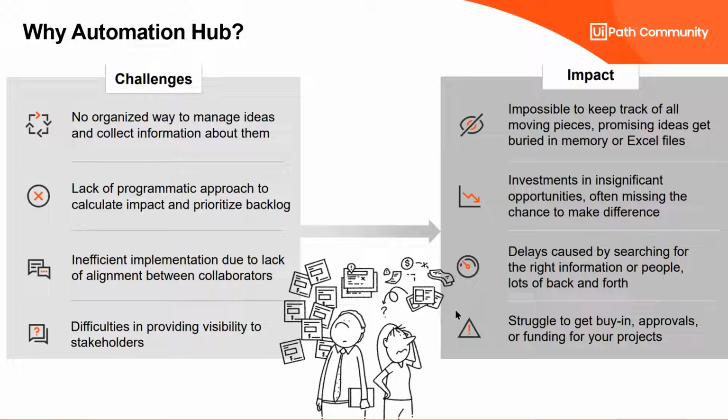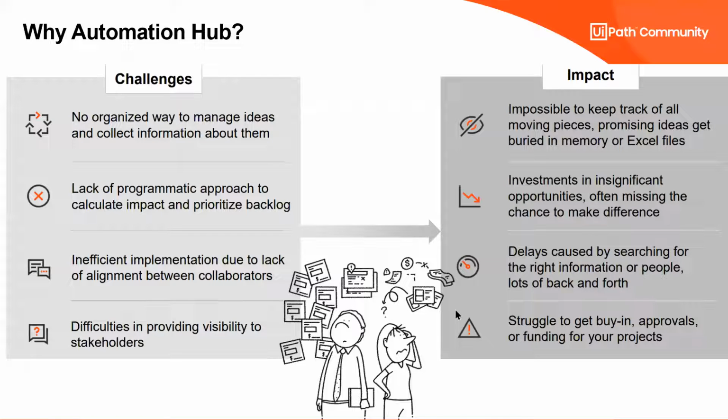Some other team sitting in another vertical or horizontal is not sure what's going on in the organization. So putting your automation idea in the automation hub gives clear visibility to each and every one in the organization. So we can take informed decisions, and it is really useful for sharing the visibility across all the stakeholders.